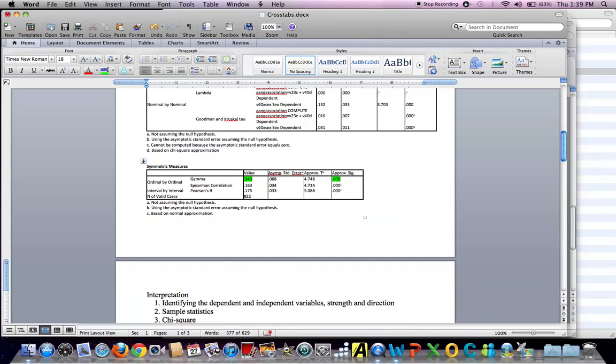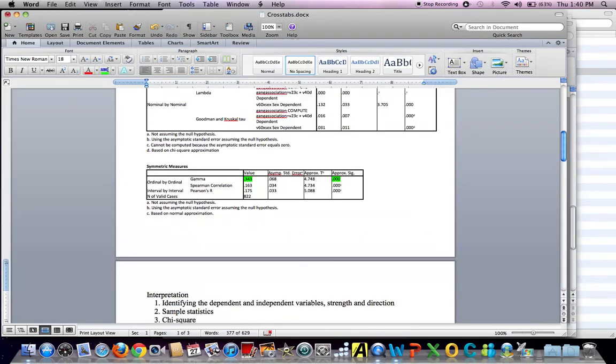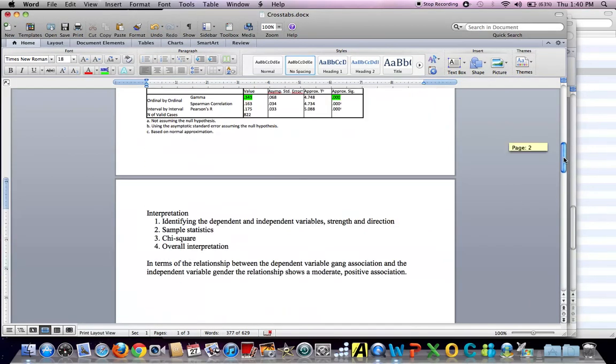Now, the p-value is here, where I've highlighted this. This is p equal to 0.000. Now looking at our test over here, where would that fall? It's below 0.05, so we know it's at least significant. All right, 0.000 is below 0.05. So how significant is it? Well, it's actually even below 0.001. So therefore, it is significant at the 99.9% confidence level, or p equal to 0.001.